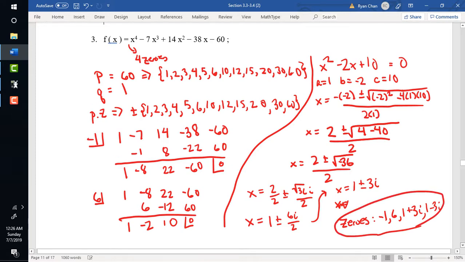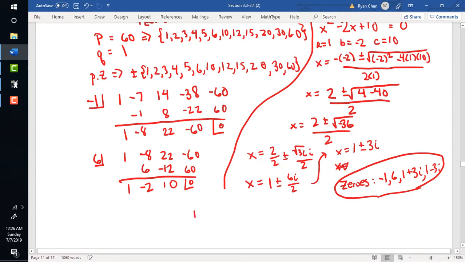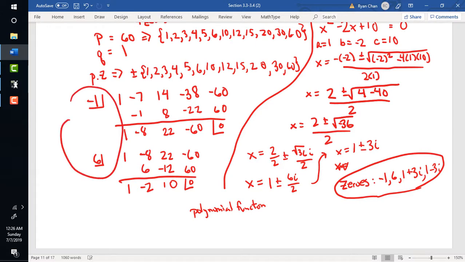How do I write my polynomial? So let's talk about it. Your polynomial function in factored form. So remember, these real roots will be the opposites. So you say f of x is equal to x plus 1 and x minus 6. Remember, your factored roots are the opposites of your zeros.